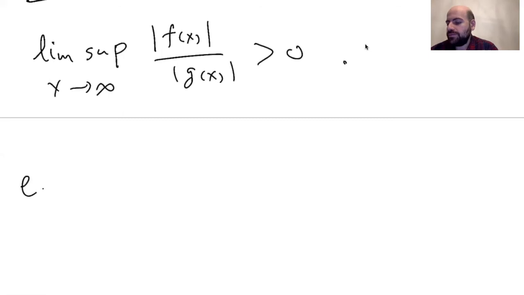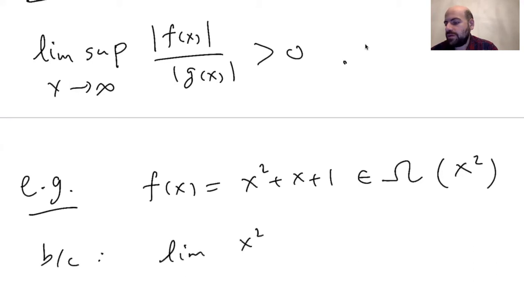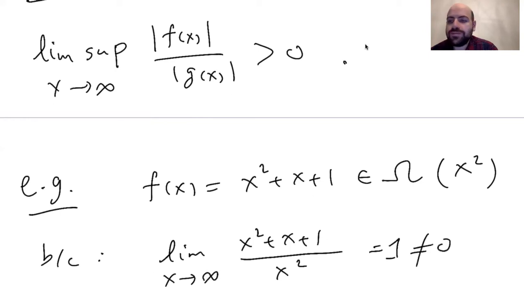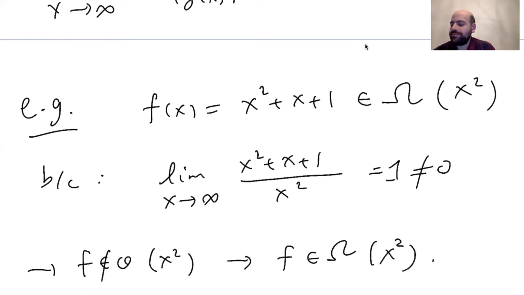So for example, f of x equals x squared plus x plus 1 belongs to capital omega of x squared, because the limit of x squared plus x plus 1 over x squared as x goes to infinity is 1, which is not equal to 0. So f does not belong to small o of x squared, and that means f belongs to capital omega of x squared.